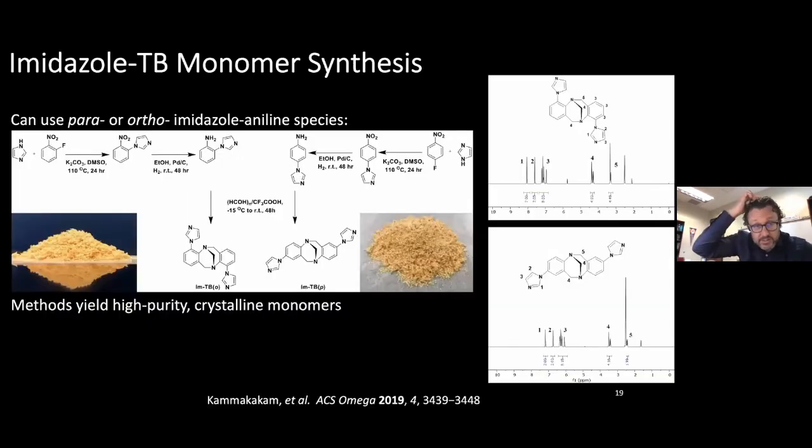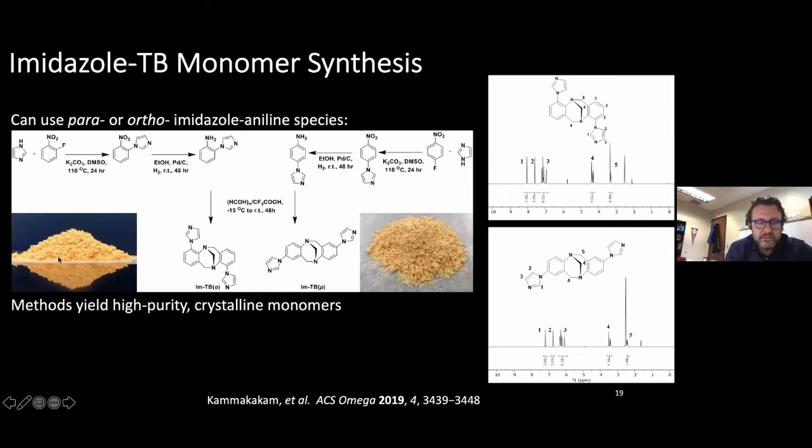Here is just an example of the synthesis. It's quite the same as what I showed earlier. We're making these aniline imidazole compounds. Here we have an ortho, here we have a para, and in the presence of formaldehyde in trifluoroacetic acid, we get quite pure materials.